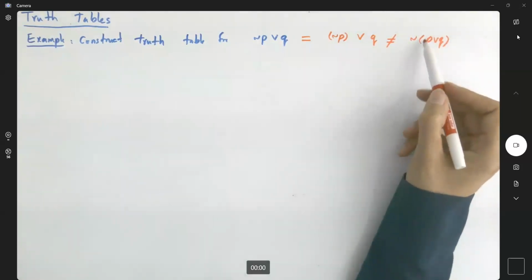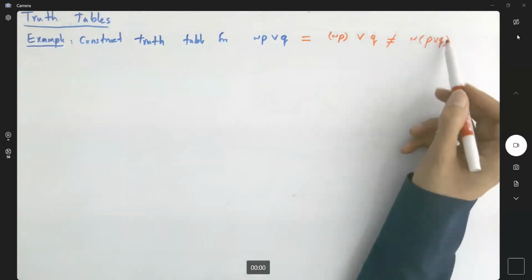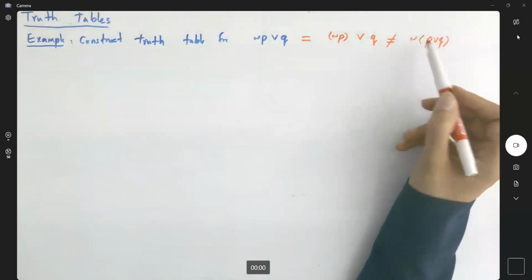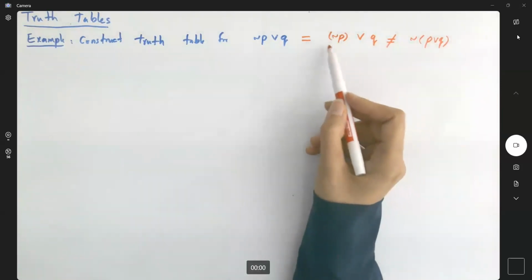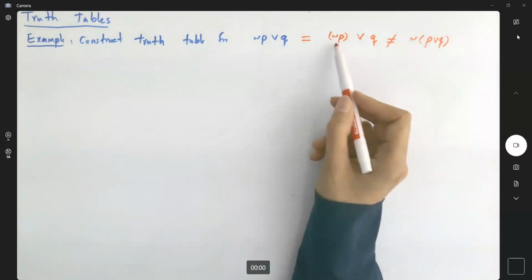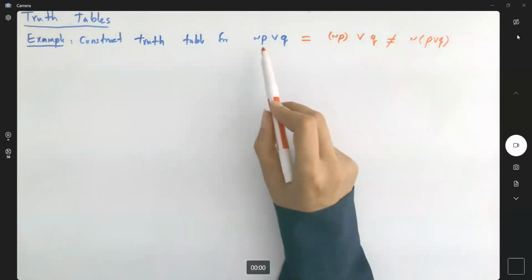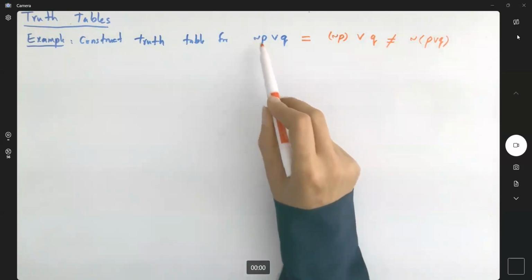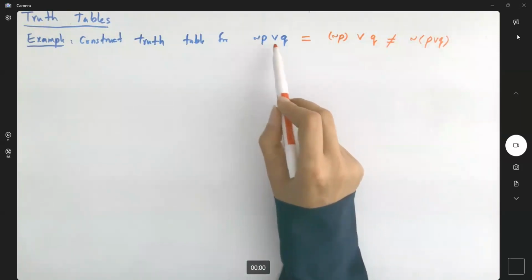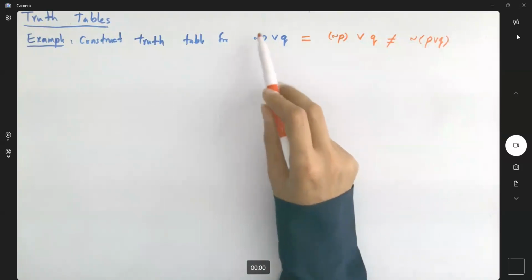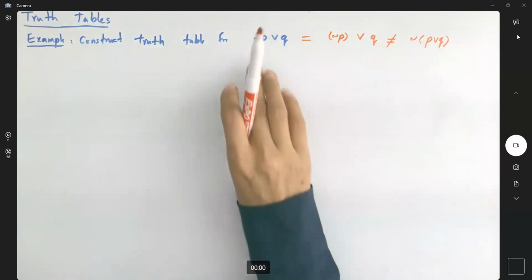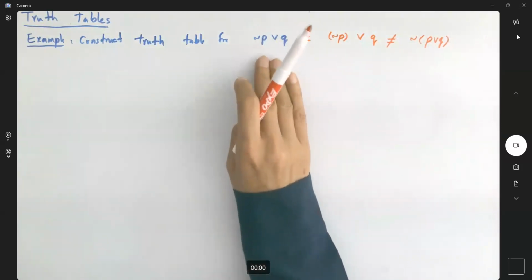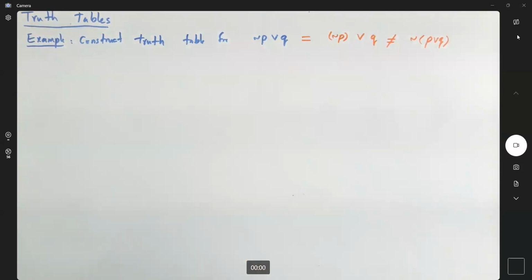That not negates P or Q, but this not only belongs to P. Just be careful when you're saying negation. Negation belongs to the statement P. Negation comes first. So I want to construct the truth table for not P or Q.